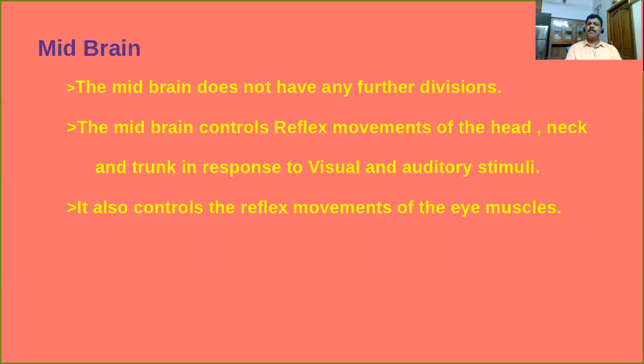Yes, such sudden automatic responses are collectively called reflex movements, which we will discuss later. So the midbrain controls the reflex movements of the head, neck, and trunk in response to visual and auditory stimuli. It also controls the reflex movements of the eye muscles.